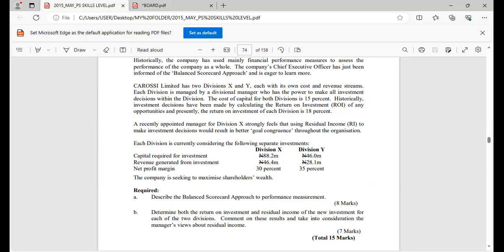The company is seeking to maximize shareholders' wealth. Describe the balanced scorecard approach to performance measurement. Go to B: determine both the return on investment and residual income of the new investment for each of the two divisions. Comment on this result and take into consideration the manager's view about residual income.